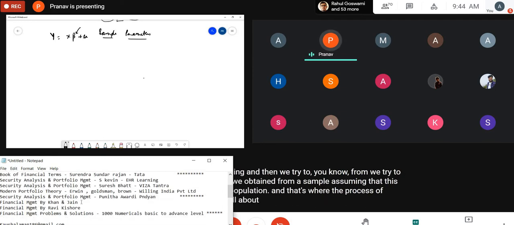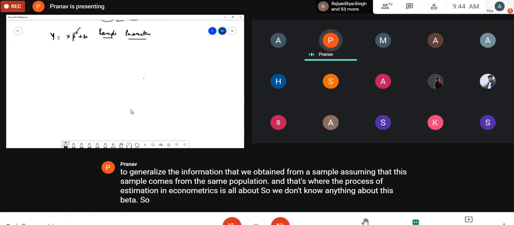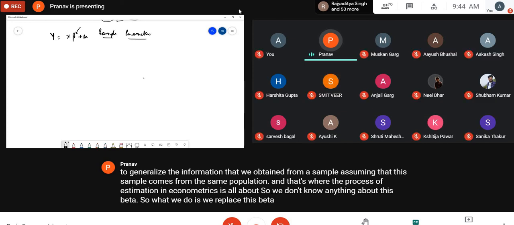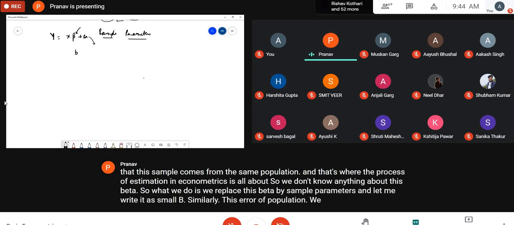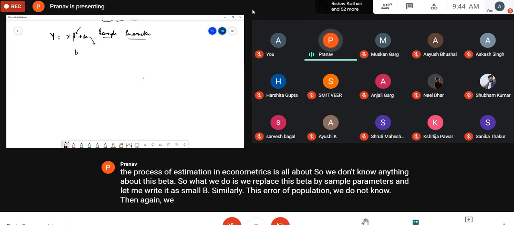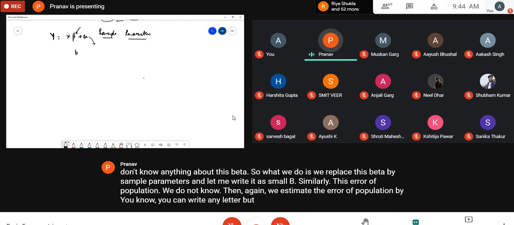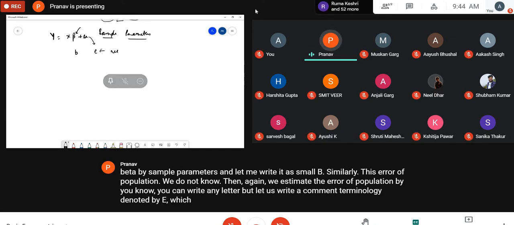So we don't know anything about this beta. So what we do is we replace this beta by sample parameters, and let me write it as small b. Similarly, this error of the population we do not know. Then again, we estimate the error of the population by, you can write any letter, but let us write a common terminology denoted by e, which tells you the residuals.